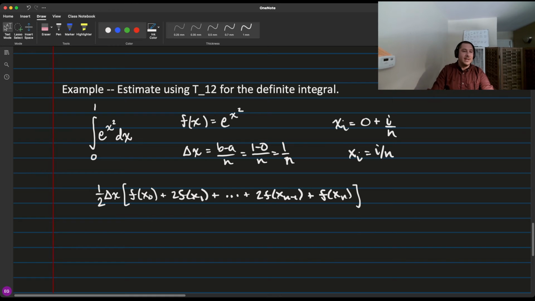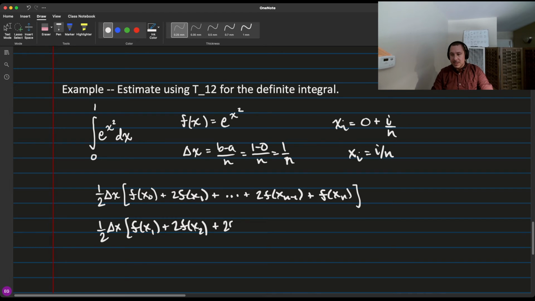You notice Wolfram lends itself to doing this, right? Because you're going to have to plug all this in. You're going to do 1/2 of delta x, and you're going to have to do f of x1 plus 2 times f of x2. Plus 2 times f of x3 plus ... because I don't want to write them all.